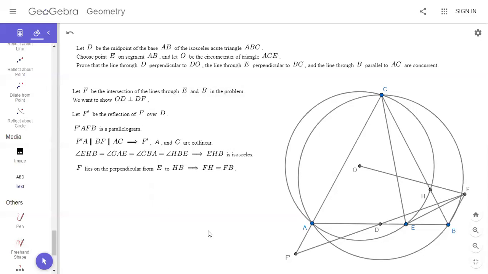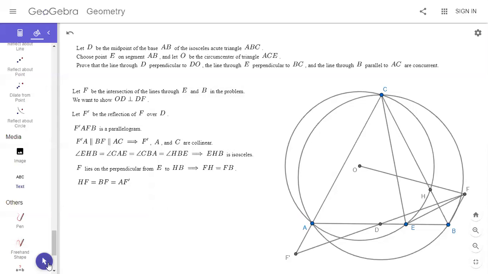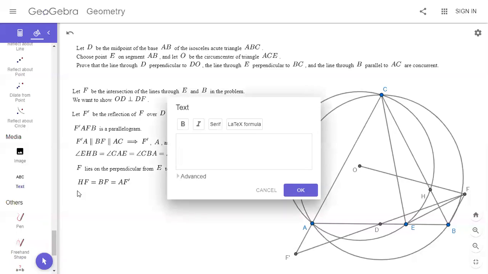So I'm trying to remember, what did we do after that? Oh yeah, we wanted to show OAF is congruent to OHF. So we have HF equals BF, which is equal to AF prime, because FAF prime B is a parallelogram. And then we also have OH equals OA.